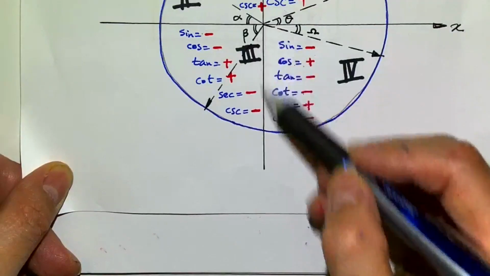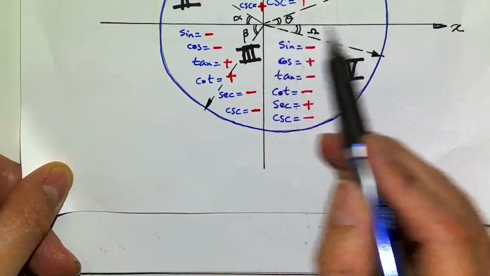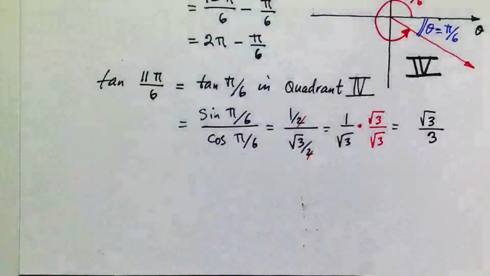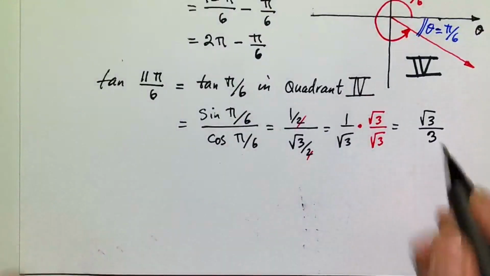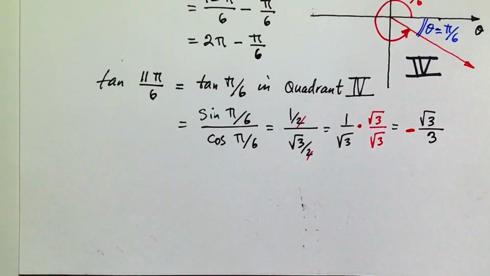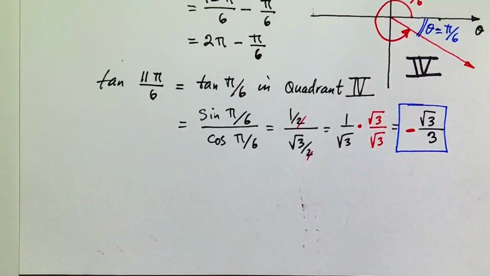And sine, which is the y-axis, is negative, divided by the cosine, which is the x-axis, positive, we get negative. So we have to put a negative here. And I will then box that. So that is the correct answer.